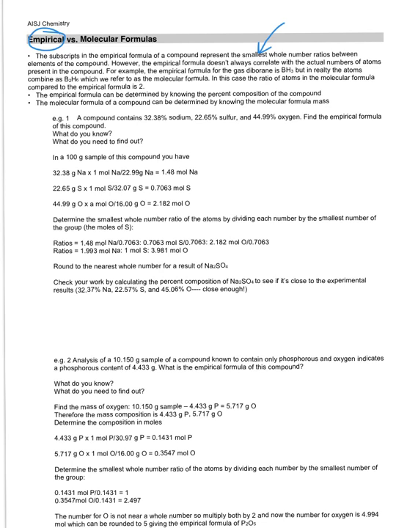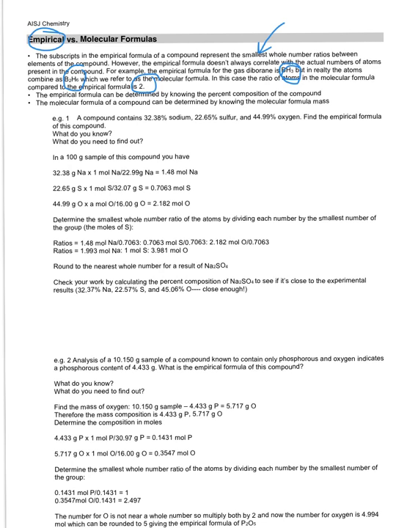For example, the empirical formula for the gas diborane is BH3, but in reality the atoms combine as B2H6, which we refer to as the molecular formula. In this case, the ratio of atoms in the molecular formula compared to the empirical formula is 2. So if we were to multiply BH3 by 2, we would get B2H6.